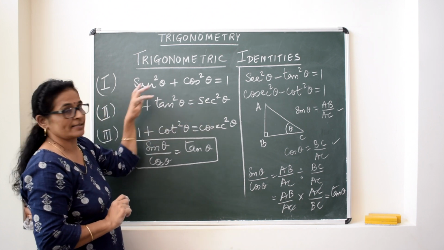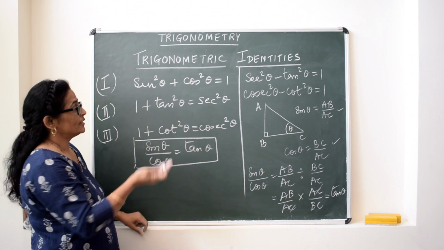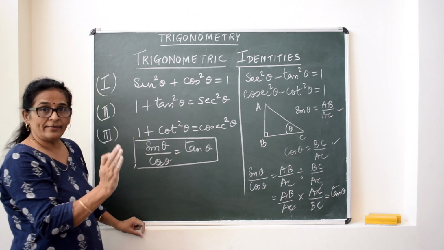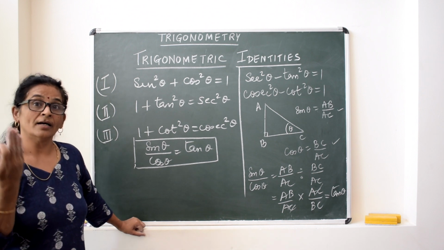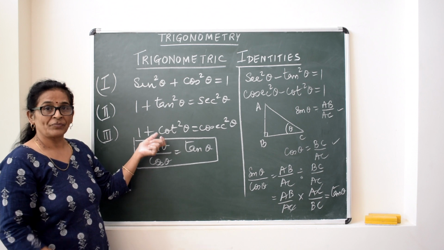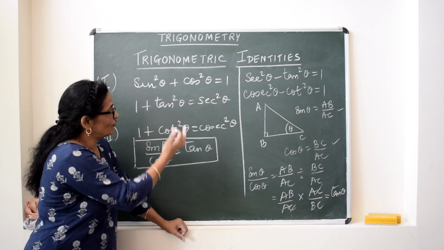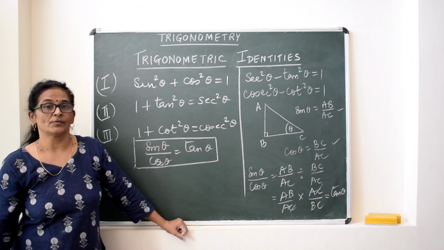So like this, these are all interconnected or interrelated, and we can express one ratio in terms of the other ratios also. So now we have seen these three identities, which can be written in different forms, as well as the relations of all these 6 ratios with each other.